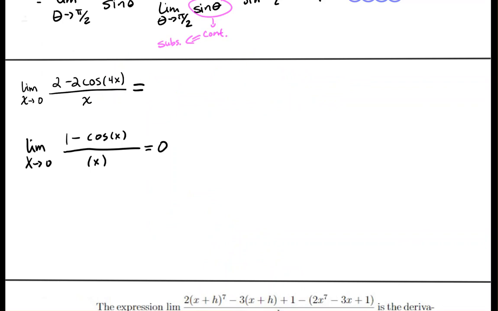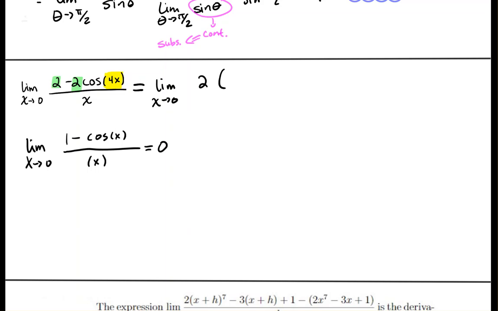But we notice we don't exactly have that. For instance, the input to cosine of x is 4x, but we just have an x below. And also it's supposed to be 1 minus cosine of x, and we see we've got this constant multiplier of 2. Now the constant multiplier of 2 can be quickly dealt with because it's the same on both sides of the expression.